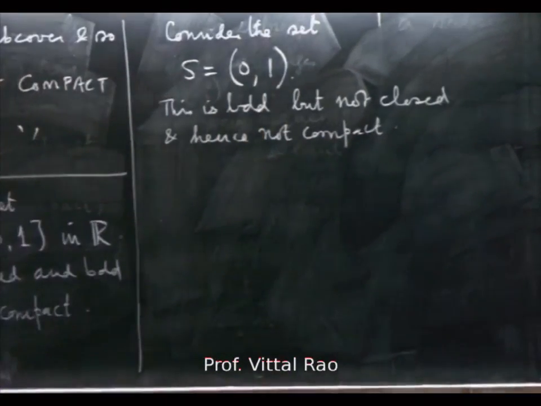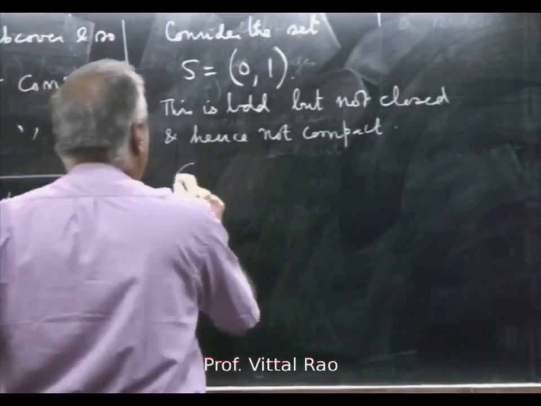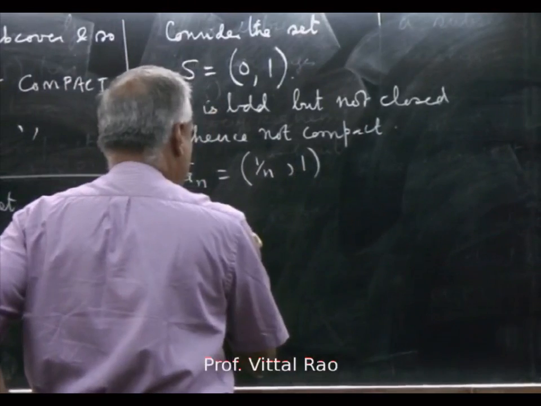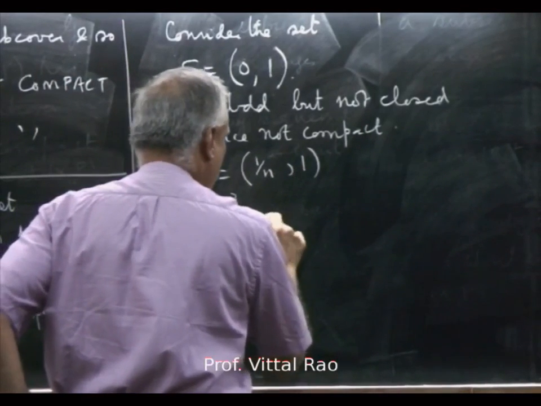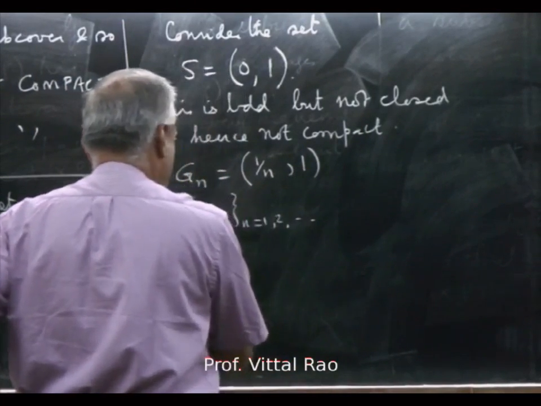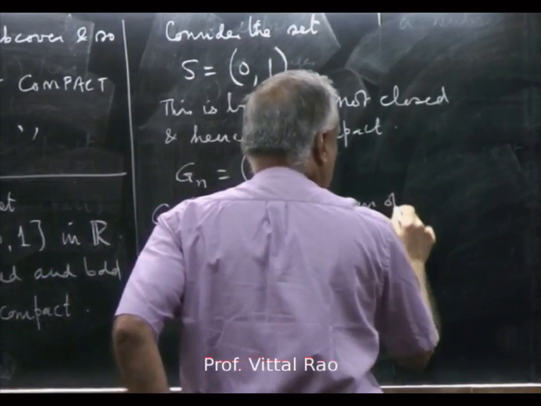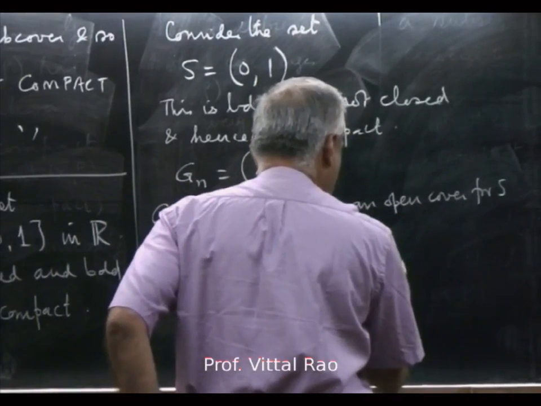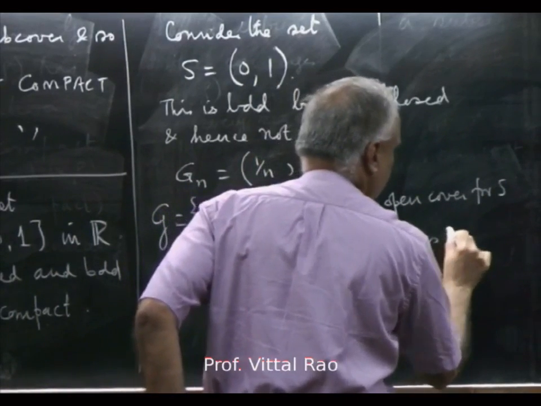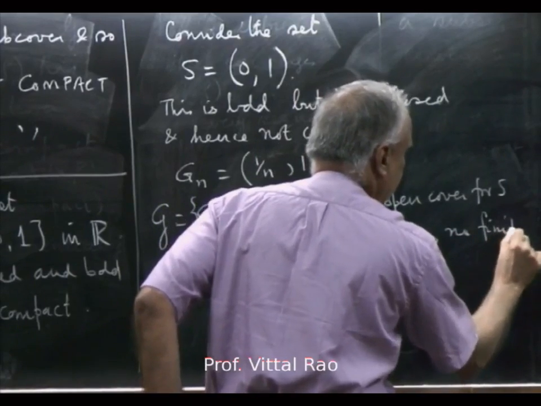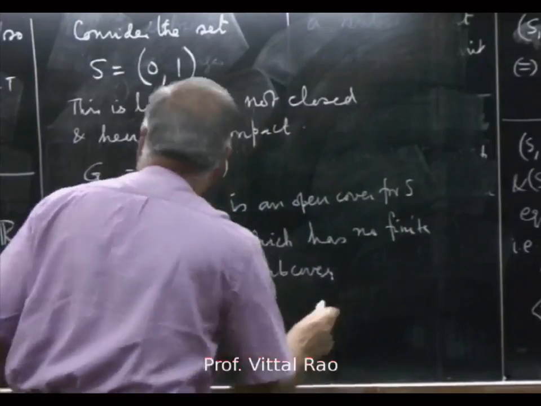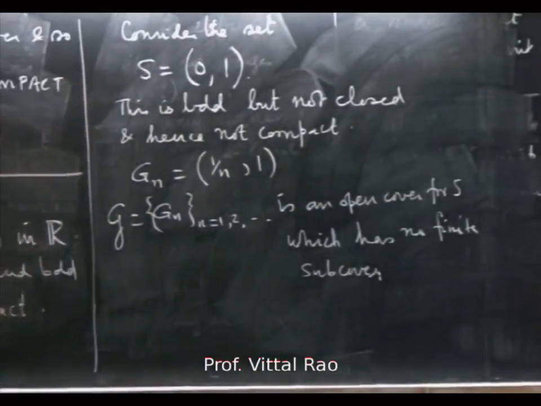What is a cover which we have? Take Gn to be the interval (1 over n, 1), then Gn, n equal to 1, 2, etc., is an open cover for S which has no finite subcover. Okay. Same argument as before, you can go only up to some 1 over n, and between 0 and 1 over n nothing will be covered.